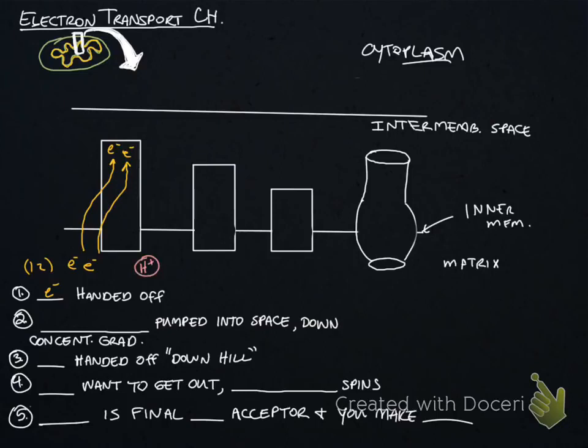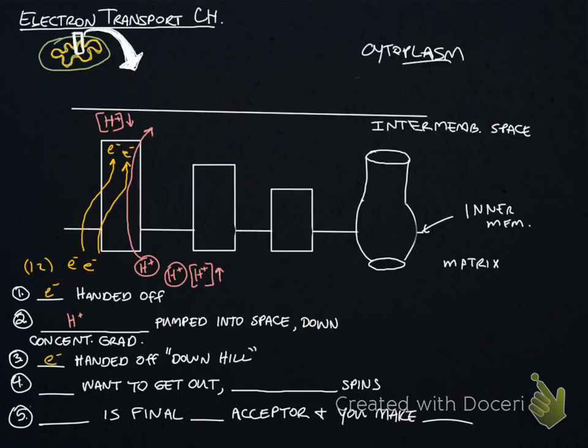Protons or hydrogen ions are pumped into the space down their concentration gradient. So they're moving down their concentration gradient. And these electrons are again then handed off downhill.